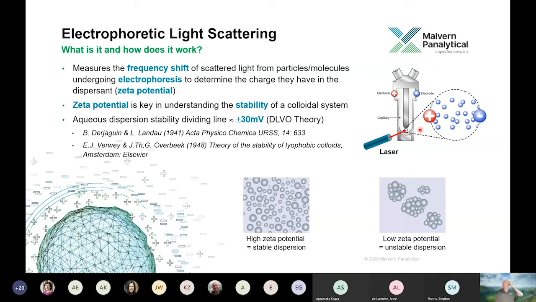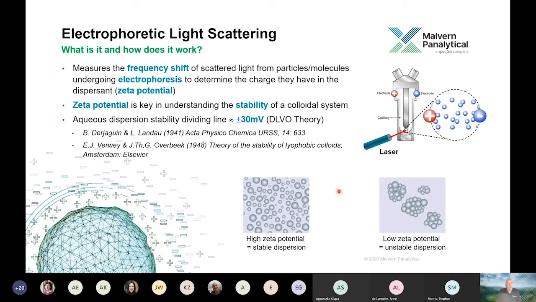And you can calculate from theory that for an aqueous system, a general dividing line of stability is considered to be 30 millivolts. Zeta potential is measured in millivolts. So if we have particles which are more negative than minus 30, we have sufficient repulsion that it remains stable in this little diagram here. If we are below that, and the closer we get to zero, the less stable the sample will be.